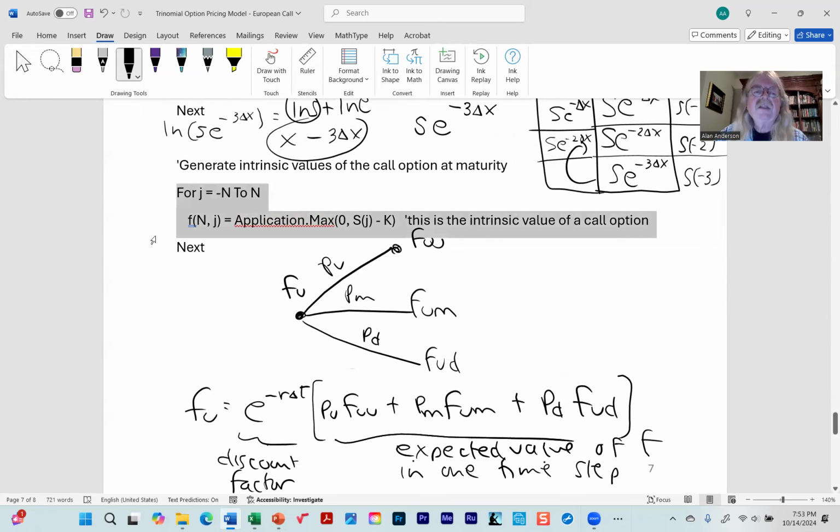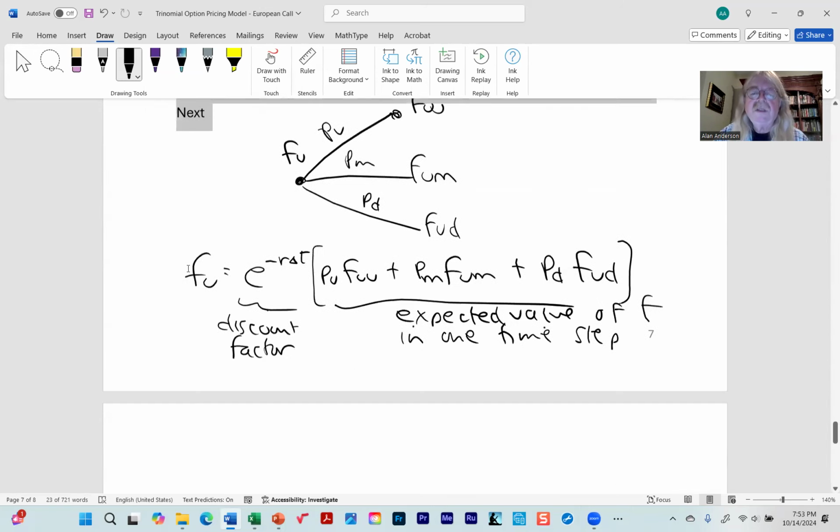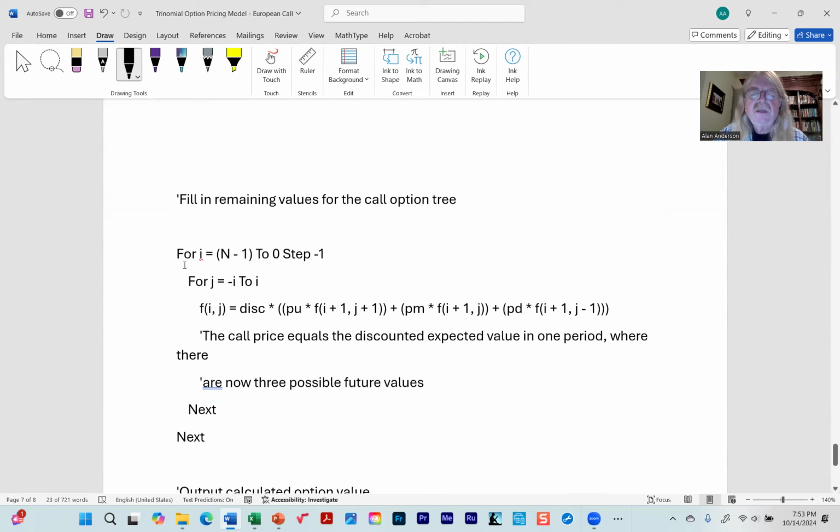Once we've finished filling in the intrinsic values or payoffs, all the interior nodes will do what you're seeing here. It's kind of interesting the way it's written because wherever we are, I, J, the time step here will be one period in the future, so that'll automatically be I plus one.